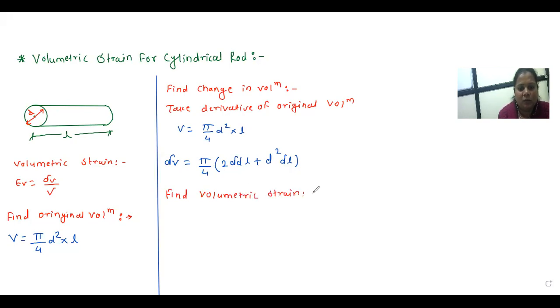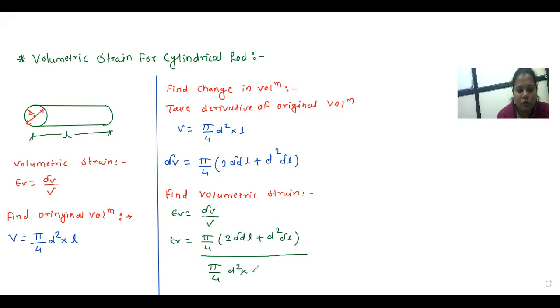So equation for volumetric strain is epsilon V, which is equal to del V upon V. Del V is pi by 4 in bracket 2 into del D into L plus d square into del L, divided by original volume, which is pi by 4 into d square into L.